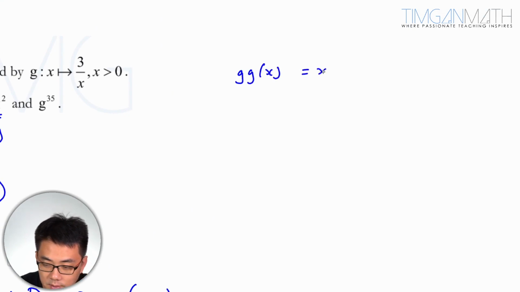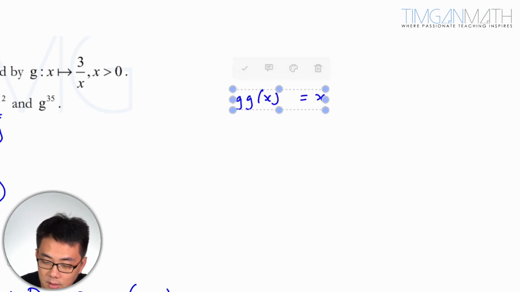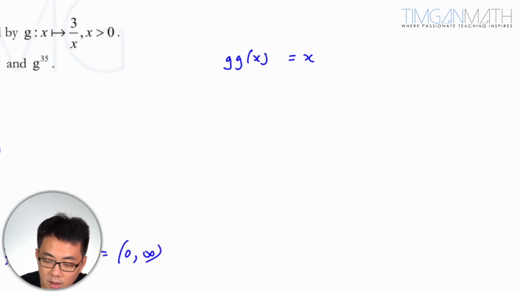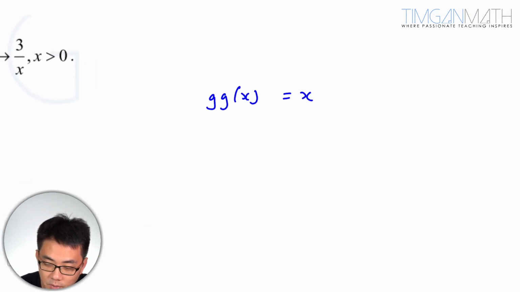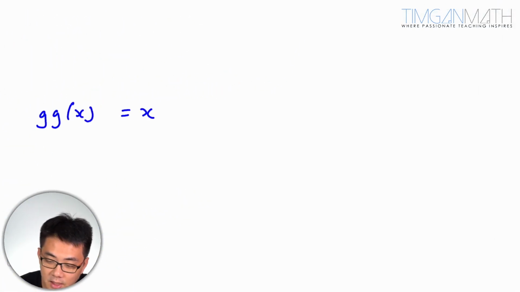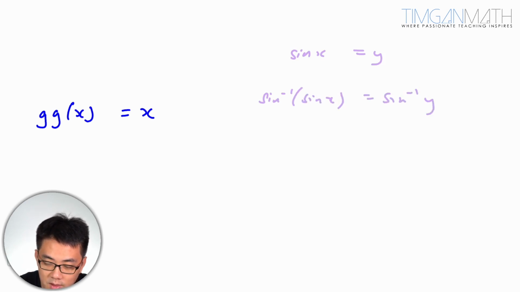Now, if you have g(x) equals to x, what to do? Just hear me out very carefully. You can g inverse both sides, just like in secondary school. When you have sine x equals to y, you sine inverse both sides, right? Sine will disappear.